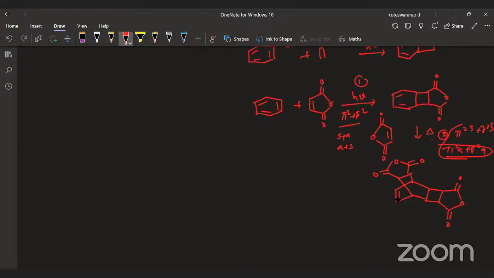Only this kind of stereochemistry is possible. That's why this reaction is called the Diels-Alder reaction.